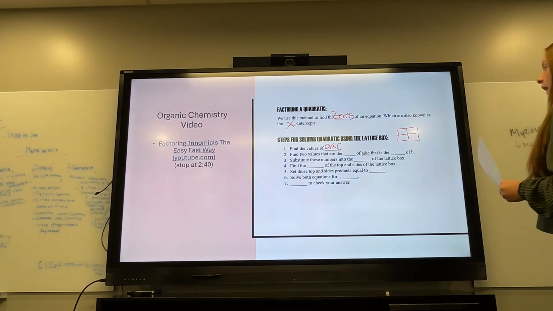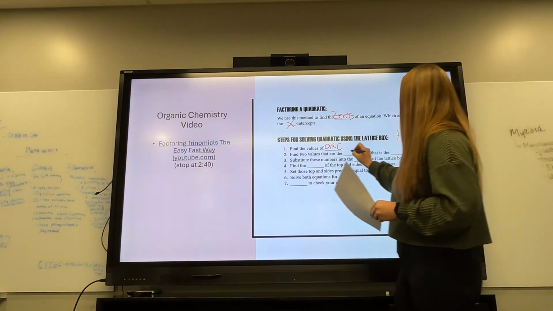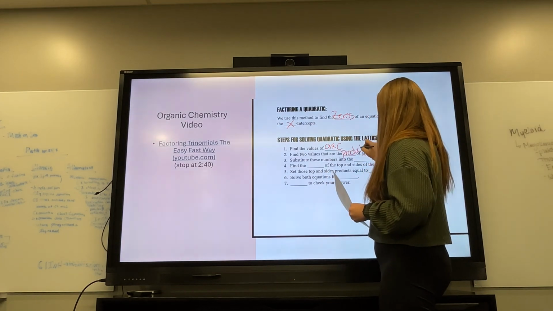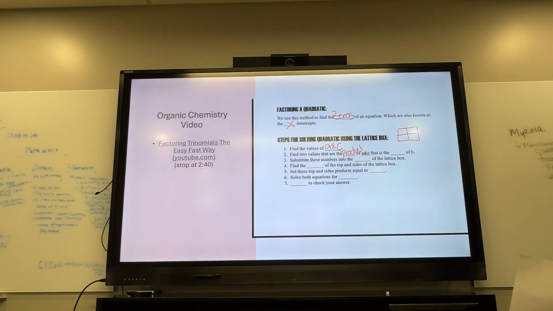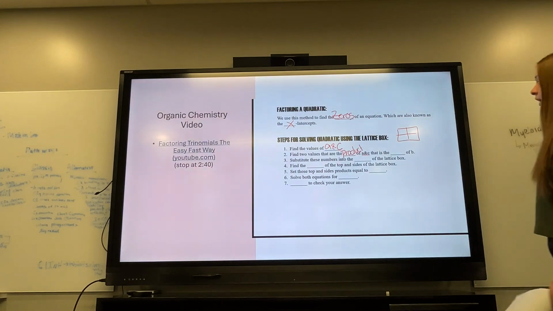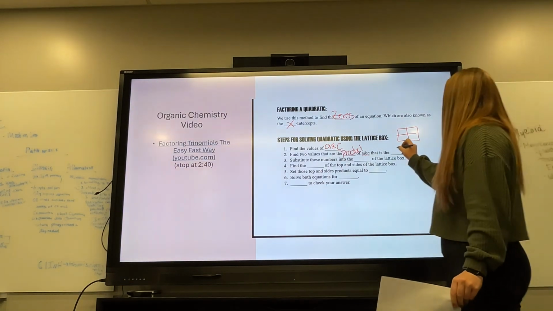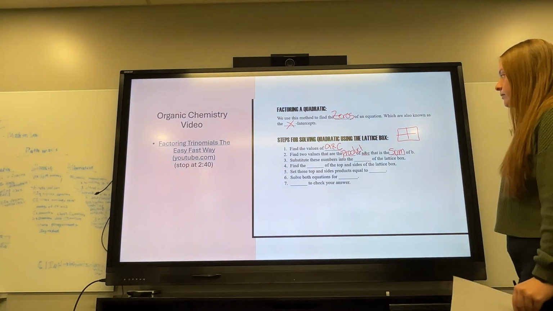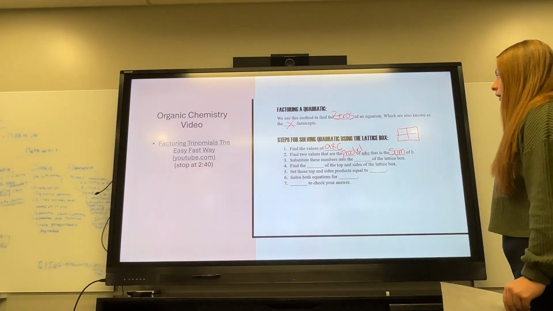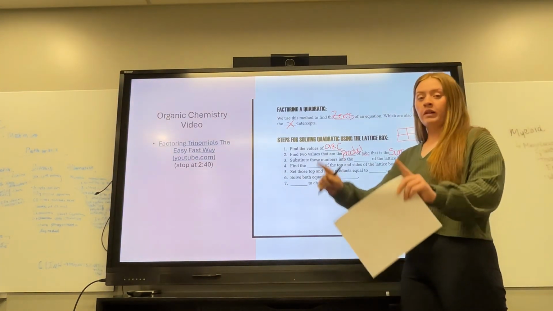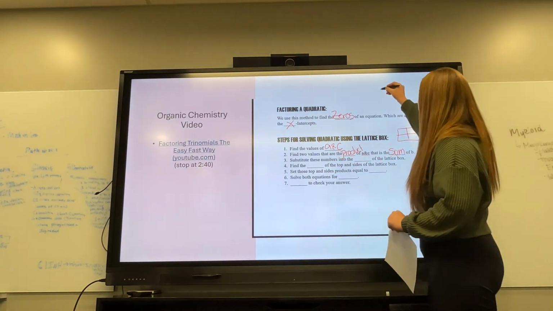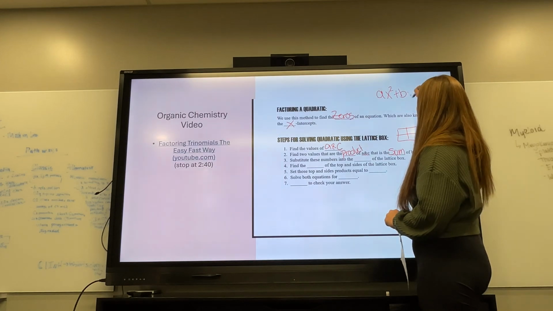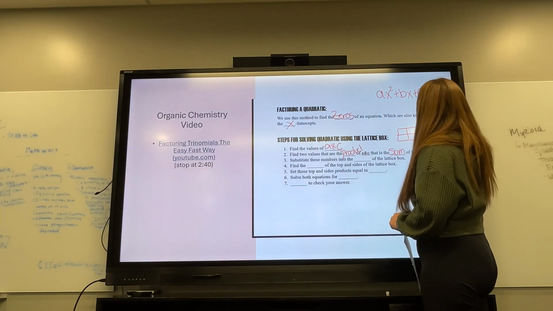Okay, find 2 values that are the product of A and C, that is the sum of B. So we're going to multiply A and C together, so our quadratic equation looks like this: ax squared plus bx plus c equals 0.